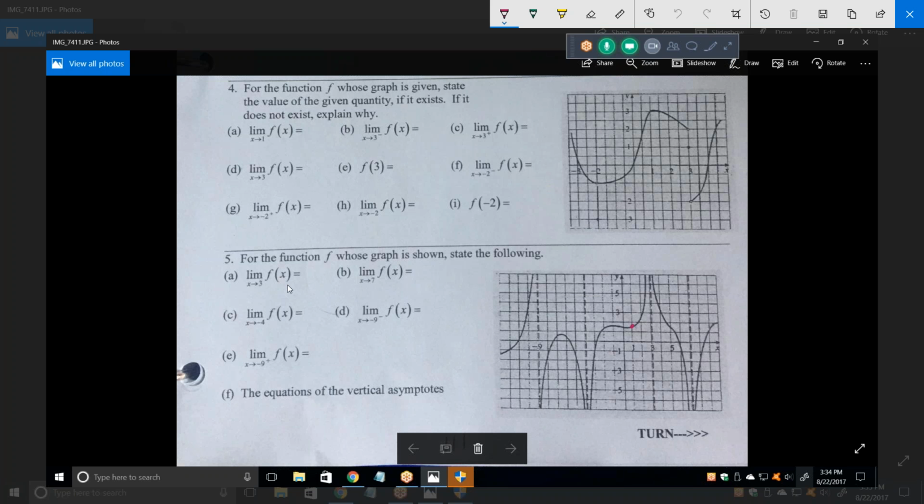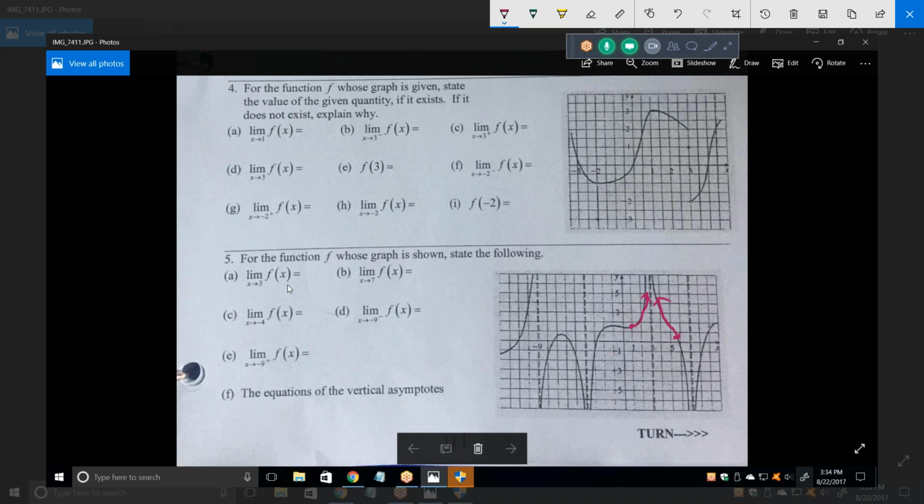Well, here's what I do when I approach it from the left. Hop on board the function, and I start going positive infinity, approaching 3 on the x-axis. When I approach it from the right, hop on board the function, I start approaching 3 from the right side.